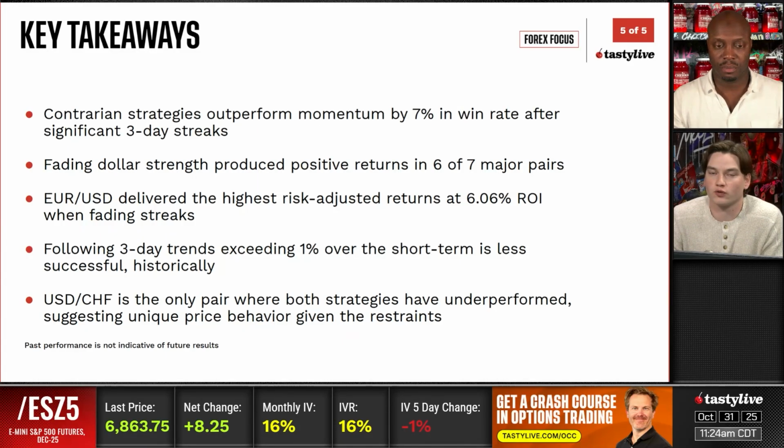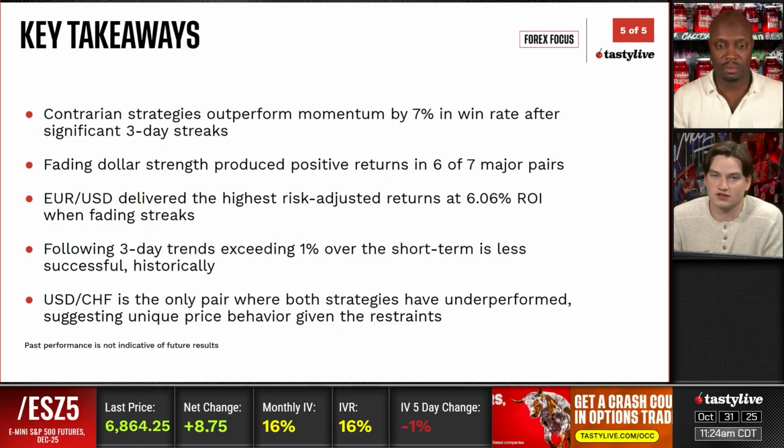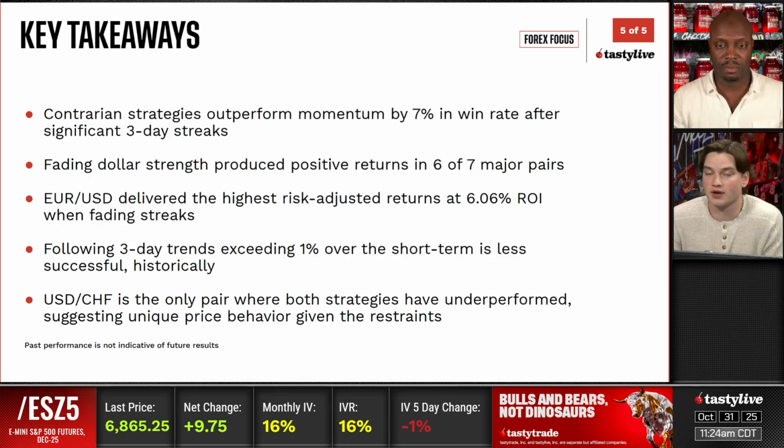It's much more rare to have continued moves in one direction in these major dollar pairs, as historically, over the long term even, these are mean reverting pairs. And so we saw those positive returns for fading dollar strength in this particular environment that we're in.